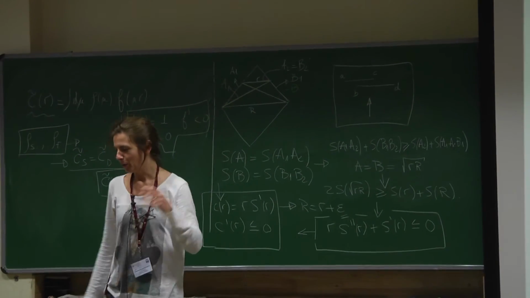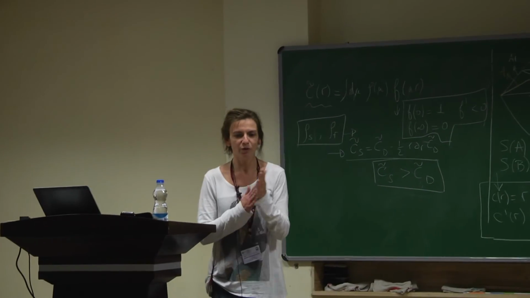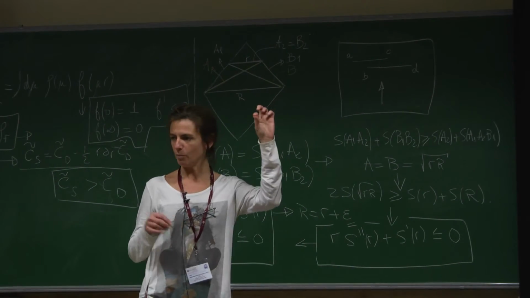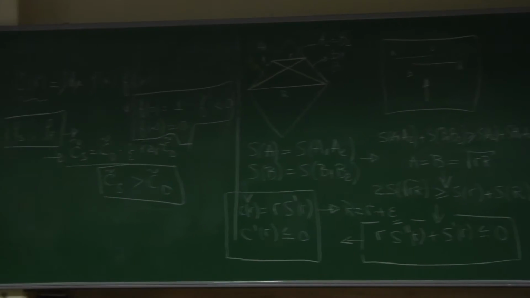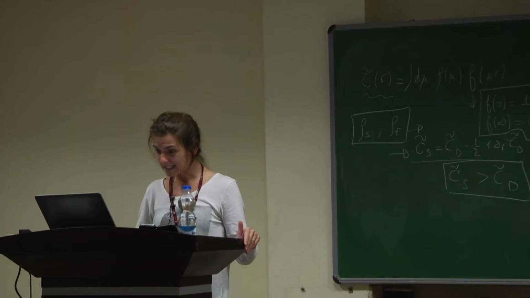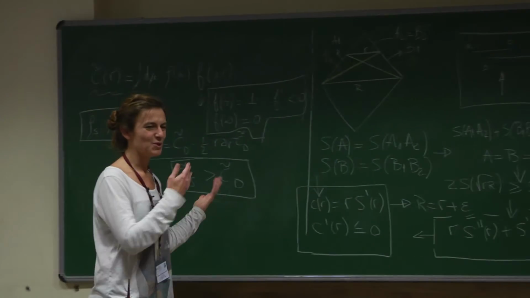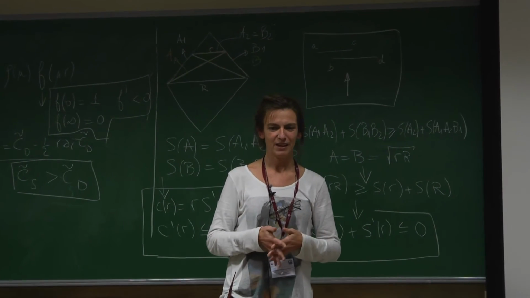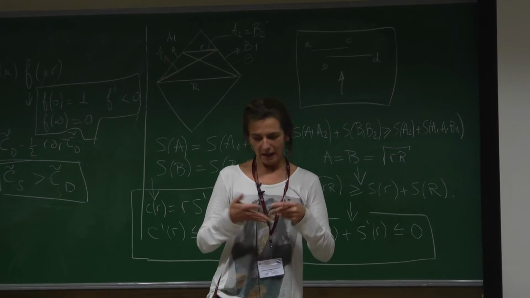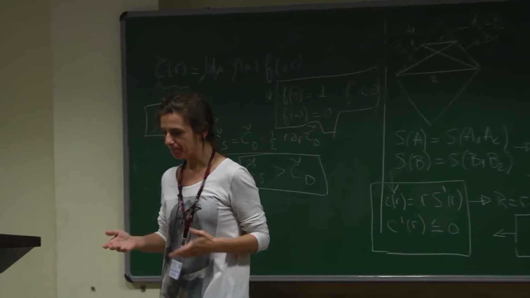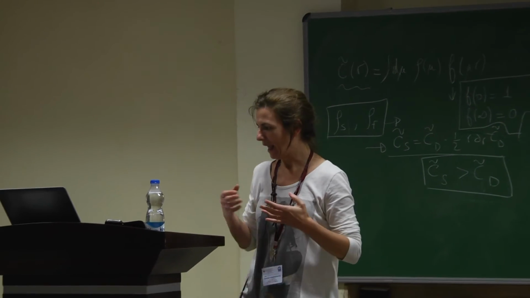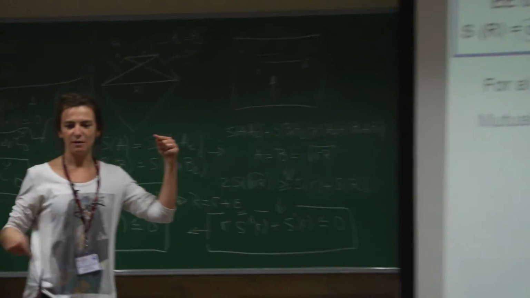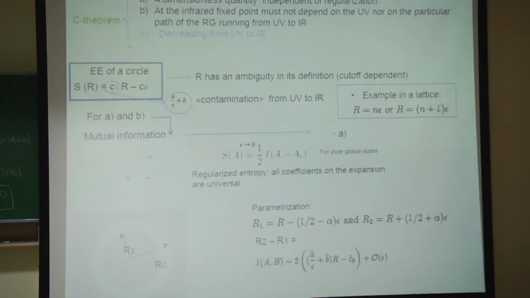And so you have proved that this function is decreasing when going from the UV to the infrared, but I was talking yesterday or the day before about the ambiguities we have in this constant term. To have a C theorem, it is not enough to have a decreasing function from the UV to the infrared.